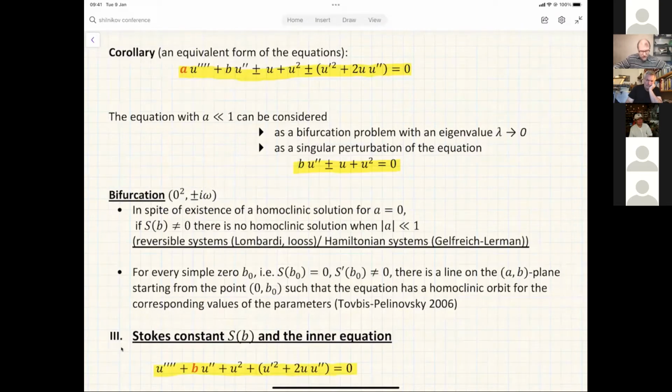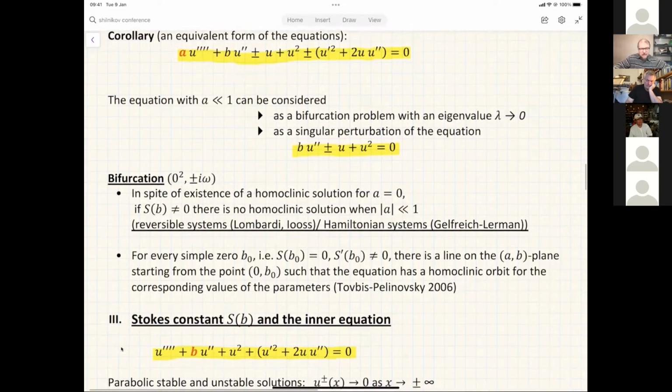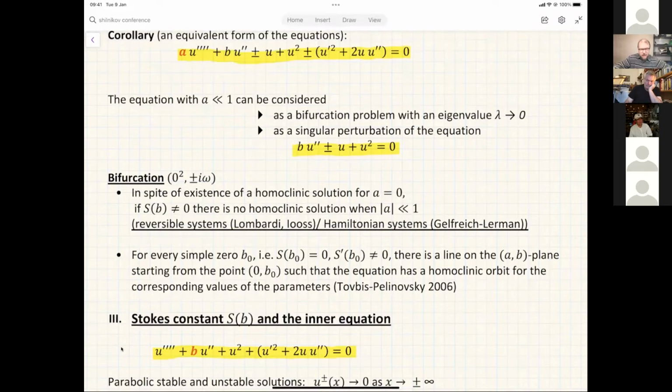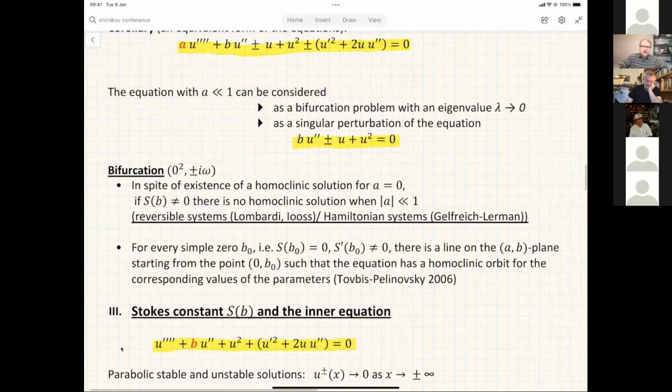And the origin is a degenerate equilibrium. And we can prove that this equilibrium, although it's not hyperbolic, has a stable and unstable manifold. So there are functions u plus and u minus, which converge to 0 as x goes to infinity.